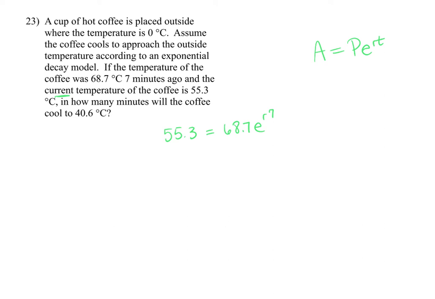I'm going to do that using that same process I just did. I'm going to divide by that 68.7, take the natural log of both sides, and then divide by that 7.